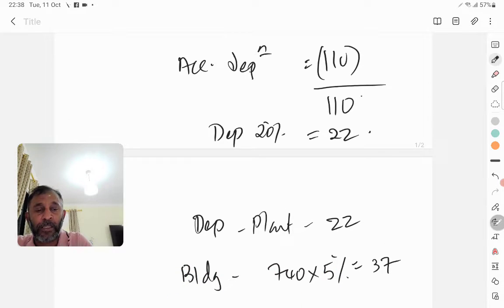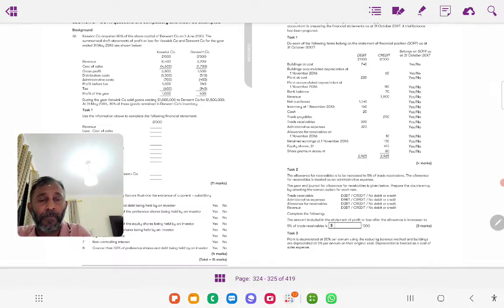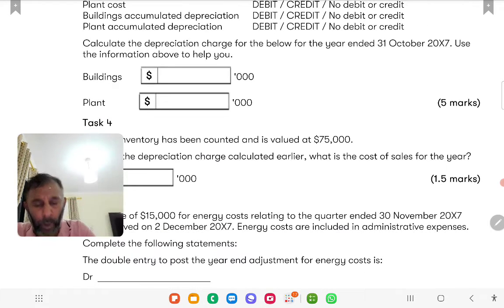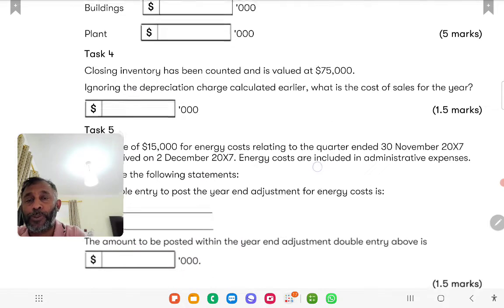Yeah, 37. So that is this. Now let's go to the question. Calculate the depreciation charge for the below. Building 37,000 and the plant 22,000.